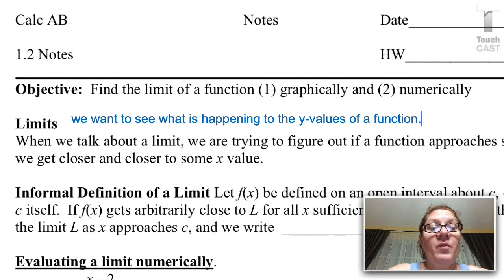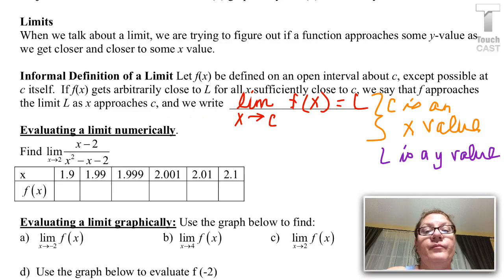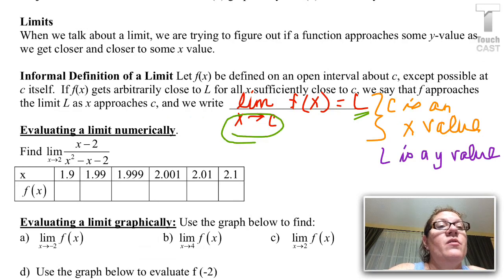So the informal definition says that as we get closer and closer to a particular value for x, the y value gets closer to some arbitrary value, and we're going to call it L. So here in this definition, we see that c is an x value, while y is an L.